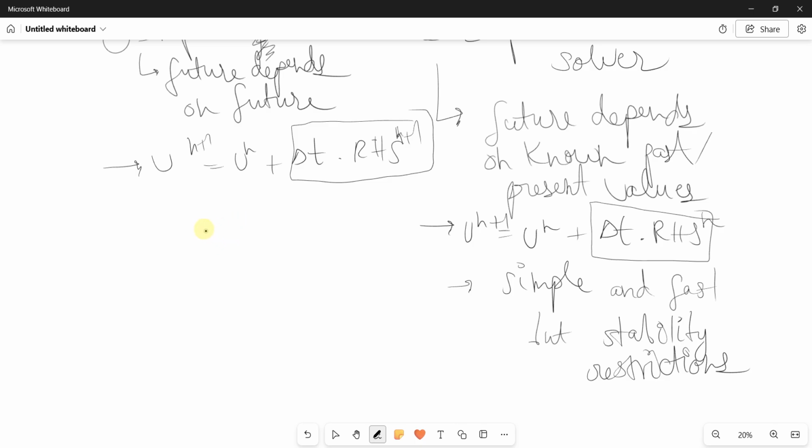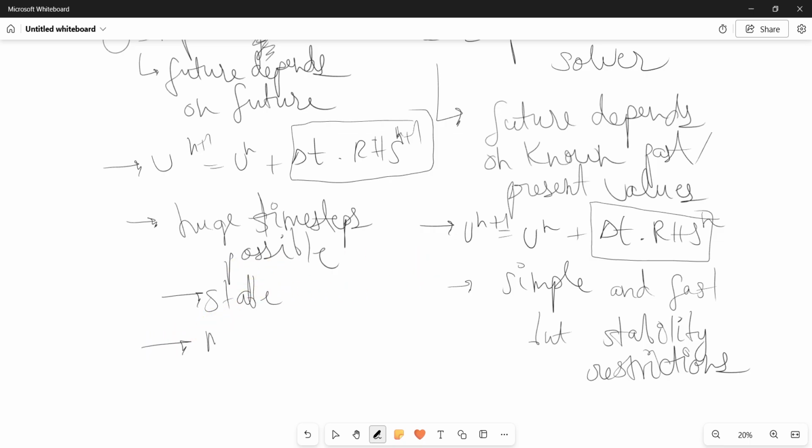In implicit solver, you have huge time steps possible, and it's stable, but it is more computation, and you need more memory, right?